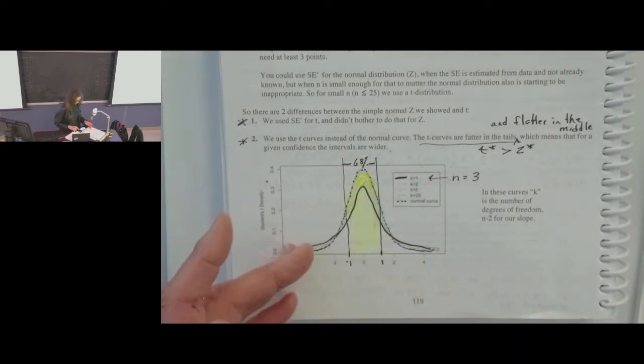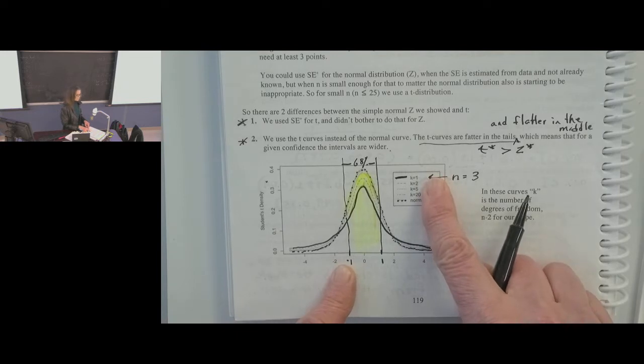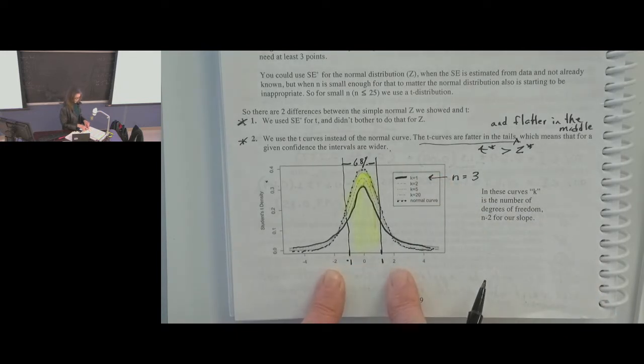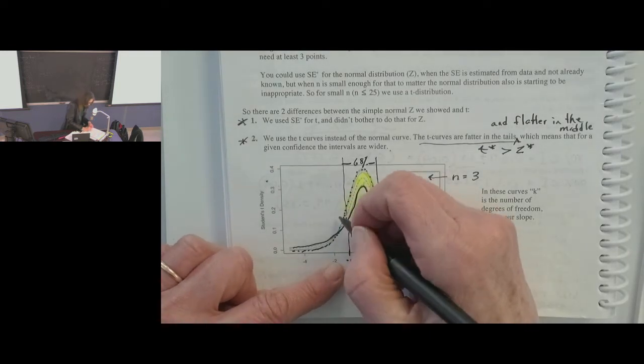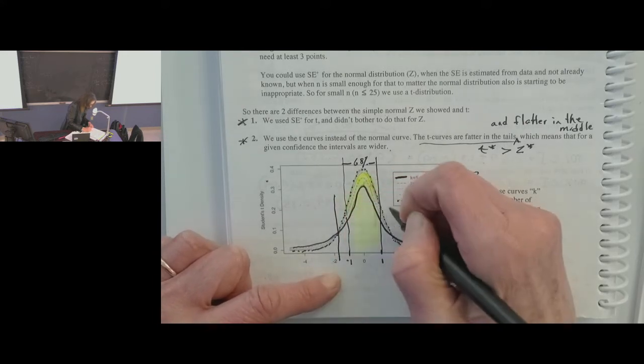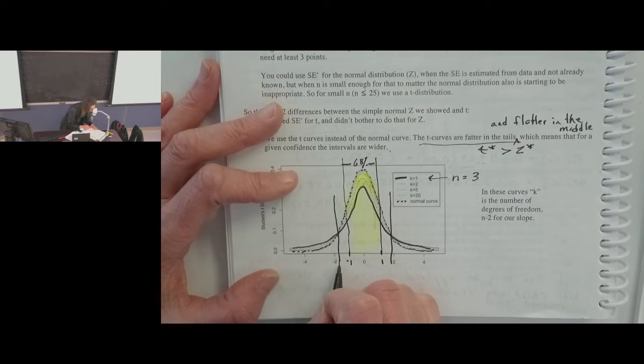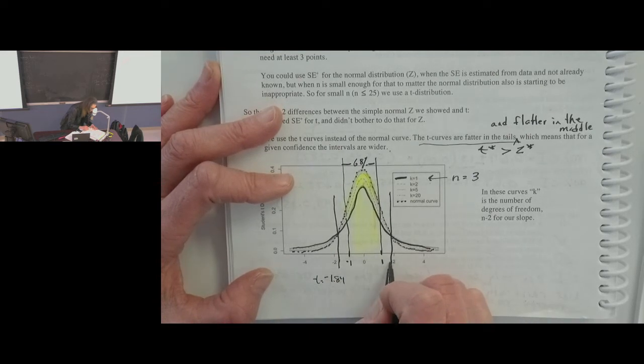It looks like it needs to focus a little better. Okay, but on the t-curve with 1 degree of freedom, we would have to go out further. To get 68% of the area, we have to go out to about 1.8. So this is the most extreme difference. On the t-curve, this would be between t equal to negative 1.84 and t equal to 1.84.